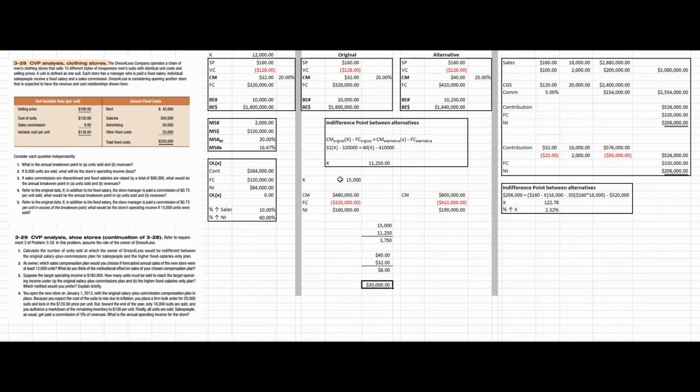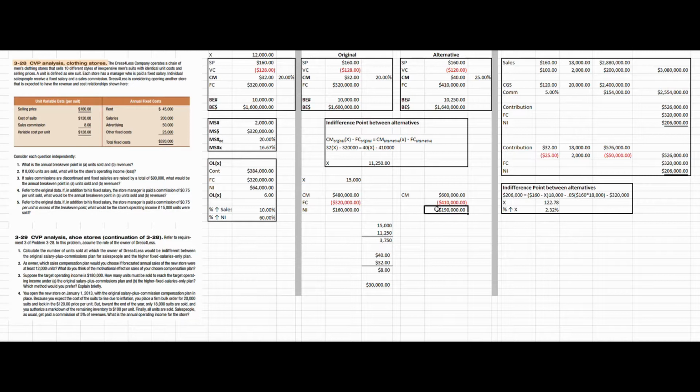So at 15,000 units, let's go ahead and calculate what our relative net incomes would be under the two different cost structures. Here's my total contribution at 15,000 units, fixed cost, net income of $160,000. Over here, total contribution $600,000, fixed cost $410,000. That gives me a net income of $190,000.